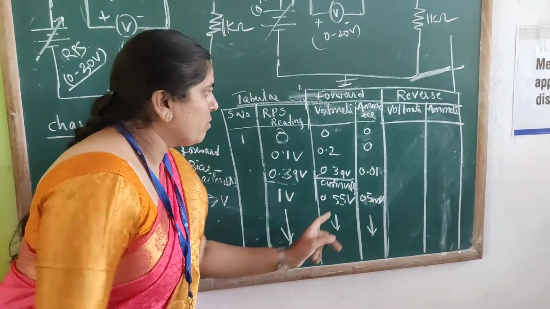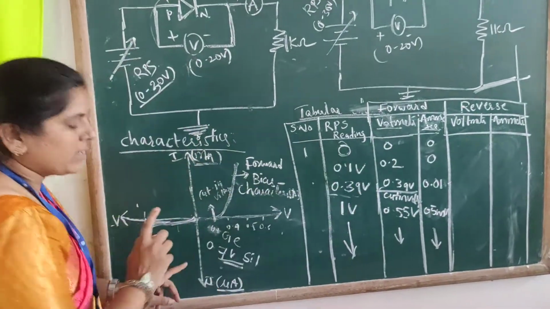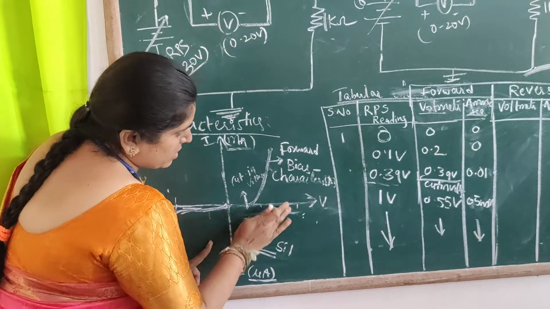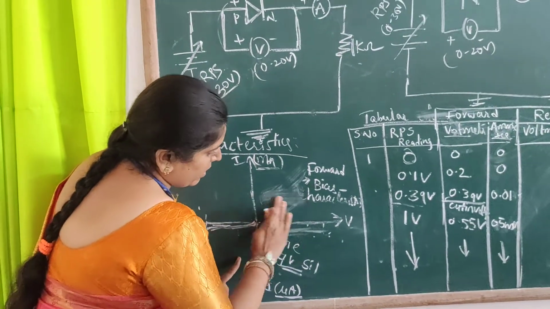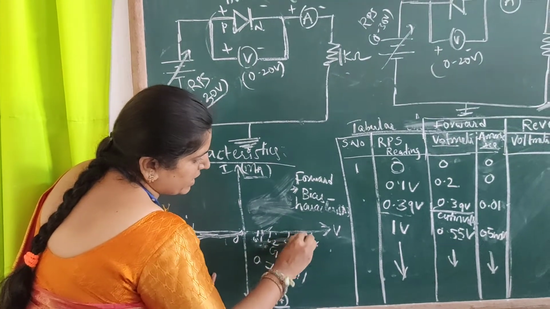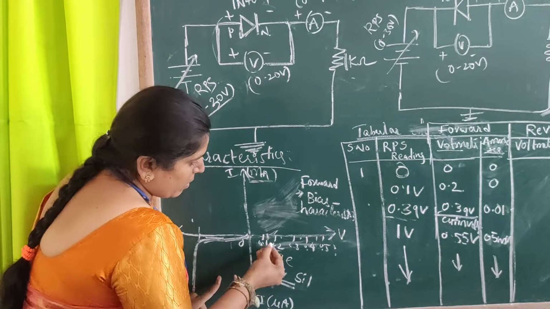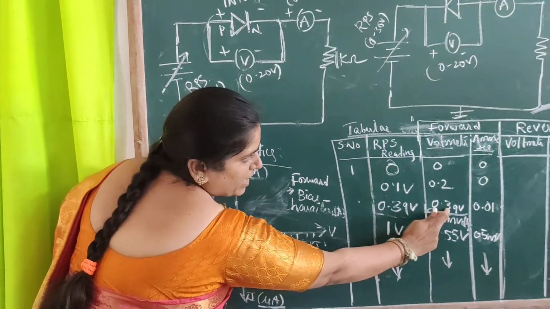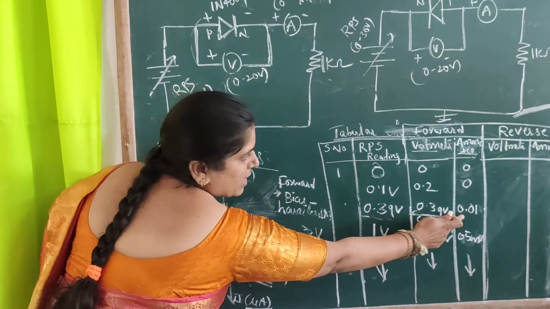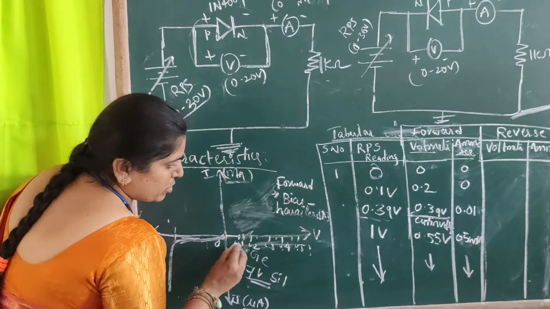By using these two values, the voltmeter reading and ammeter reading, you can draw the graph. When we are increasing this voltage, 0 volts, 0.1, 0.2, 0.3, 0.4, 0.5. When the voltmeter reading is 0.39 volts, the ammeter shows 0.01. Like that you have to do the graph.